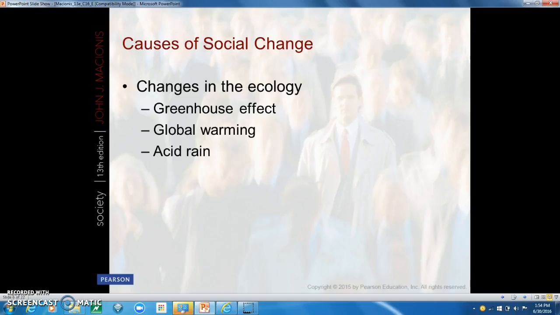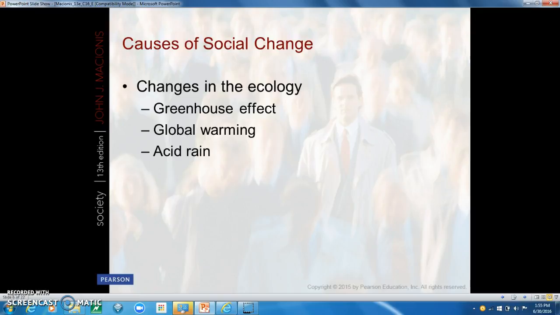So we can certainly expect many social changes that will result from this environmental change. As far as global warming, it is causing a rise in sea level. Eventually, this may force some communities to relocate. The polar ice caps are melting. Many animals and plant species are certainly becoming extinct.